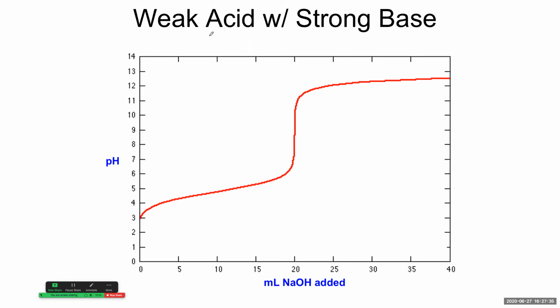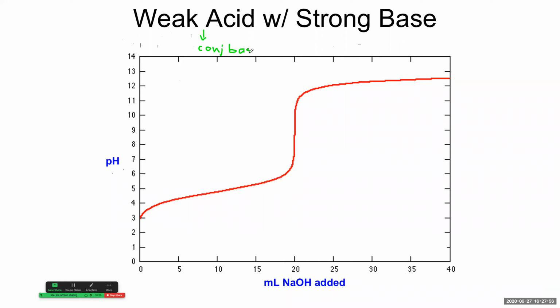And that's because when we titrate a weak acid, we produce a conjugate base. We do that also with a strong acid, but in the case of a weak acid, the conjugate base is a base that's stronger than water.